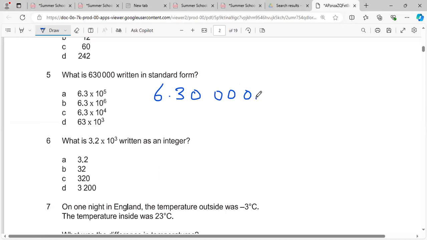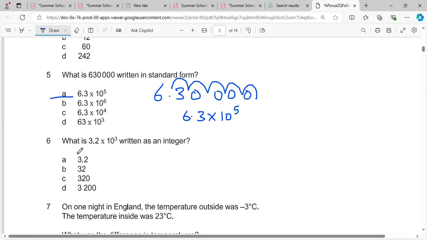So we say 1, 2, 3, 4, 5. So we just write 6.3 times 10 to the number of places where you move. And in this case, we move 5 places, right? Let me check again. 1, 2, 3, 4, 5. Yeah. So it would have been A.